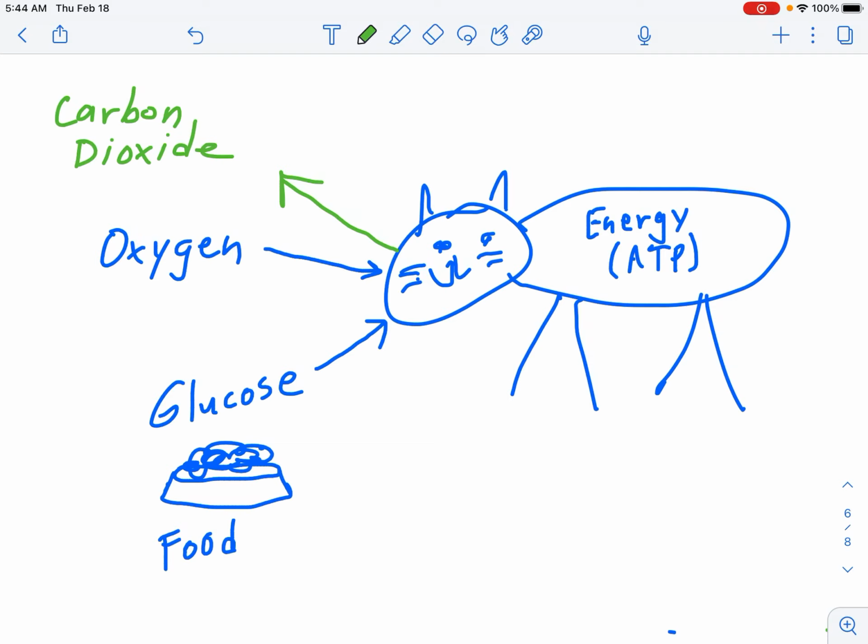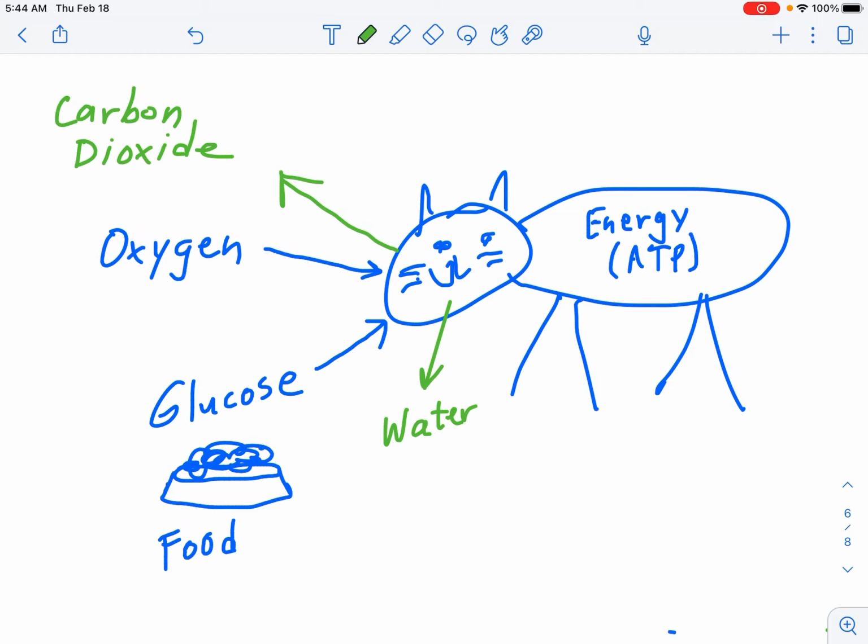Into the air, and it's also going to be breathing out water, because you have water vapor. If you ever breathe down a window or on a mirror, you notice that it fogs up, and that's the water vapor. So they also are going to be breathing out water.